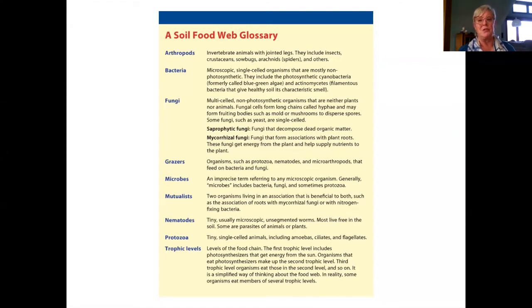If you're really interested in it, the NRCS, the National Resource Conservation Service, has a fabulous website all about soil health and soil organisms. But I'll leave this, you can go back and read this yourself to understand more how these organisms interact.